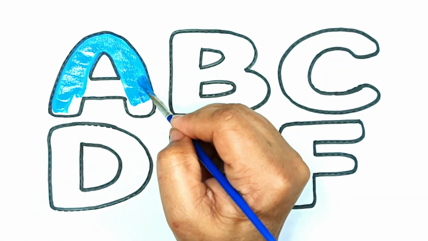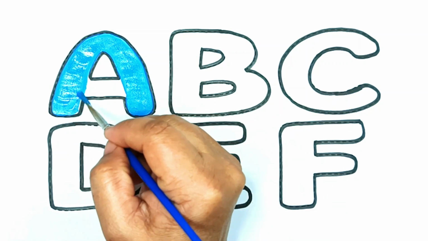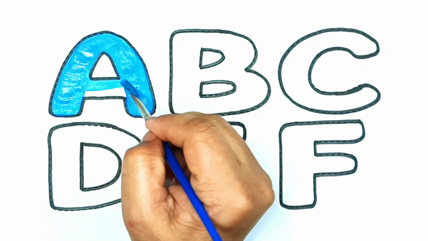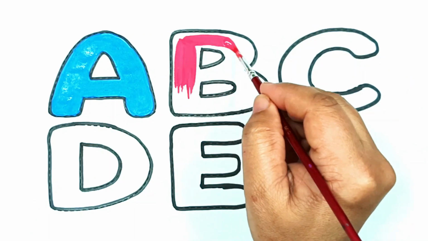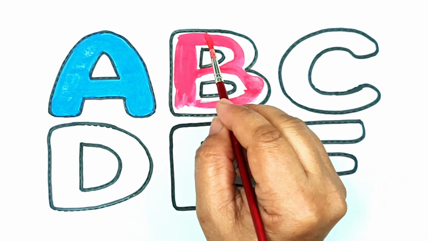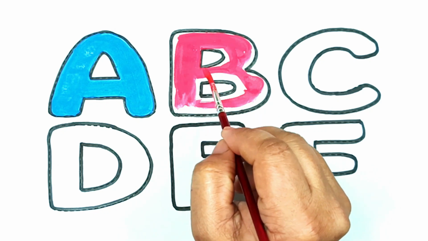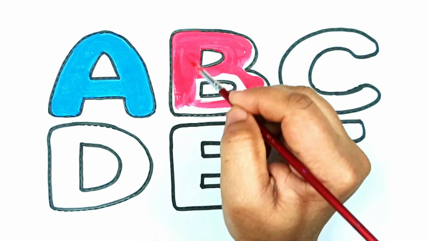A is for apple. A is for ant. A is for antlers on top of a deer. B is for ball.